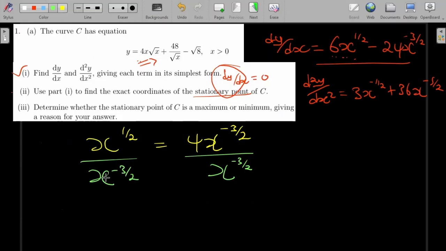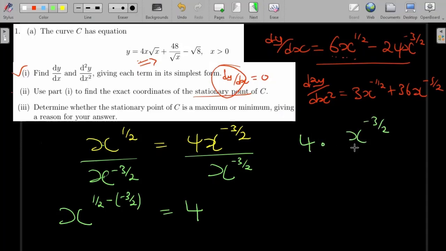Here x and x are the same things, so we're going to say x to the power half minus 3 over 2, since this one is in the denominator, so we are subtracting. This is equal to, and then here I'll isolate the 4, it will leave x to the power minus 3 over 2 divided by x to the power minus 3 over 2. This is the same thing, so it just gives us a 1.